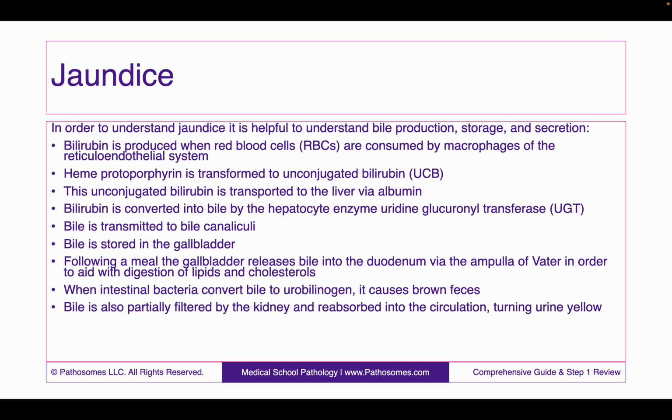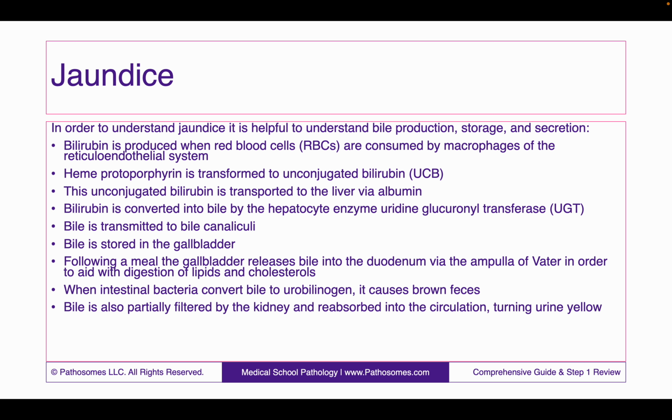Then heme, protoporphyrin, is transformed to unconjugated bilirubin, UCB, and this unconjugated bilirubin is transported to the liver via albumin. You remember albumin, the major transport protein? Bilirubin is converted into bile by the hepatic enzyme uridine glucuronosyltransferase, or UGT. And bile is transmitted into the bile canaliculi and then stored in the gallbladder.